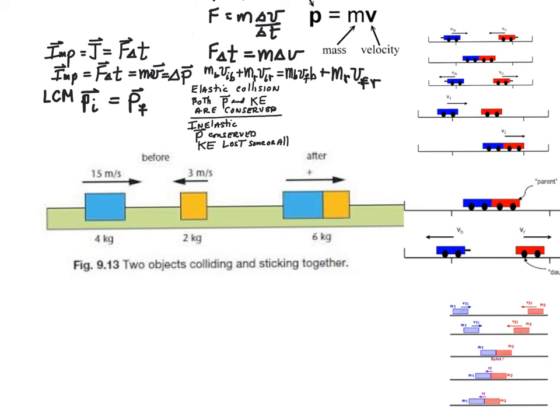So the 2 times the 3 is 6. So there's a negative 6 units of momentum in the yellow box, but there's a positive 60 units in the blue box. And so when you take the initial momentum, let me write that out.